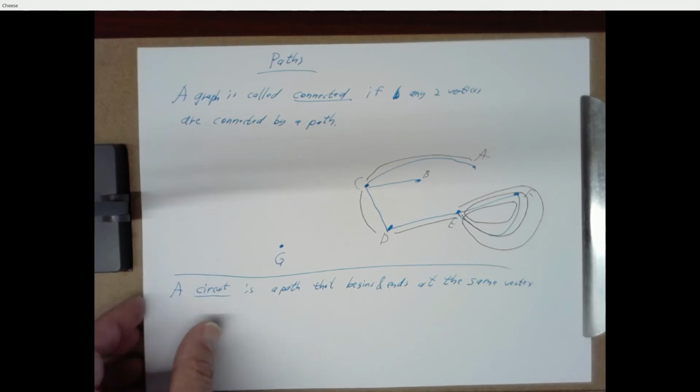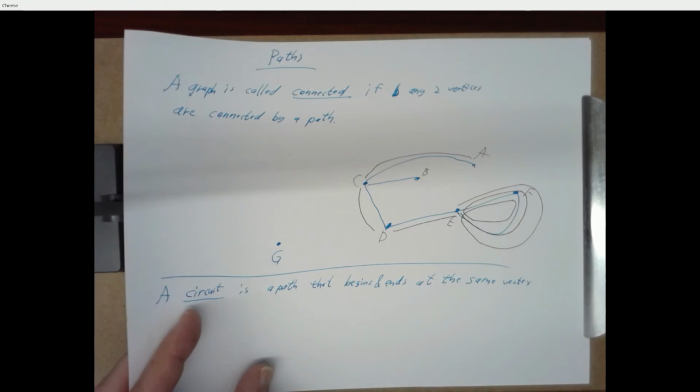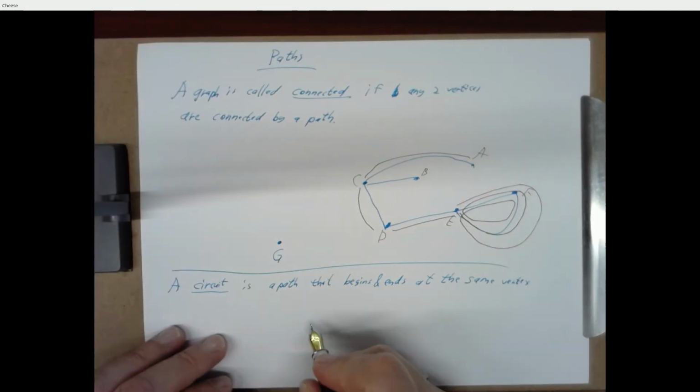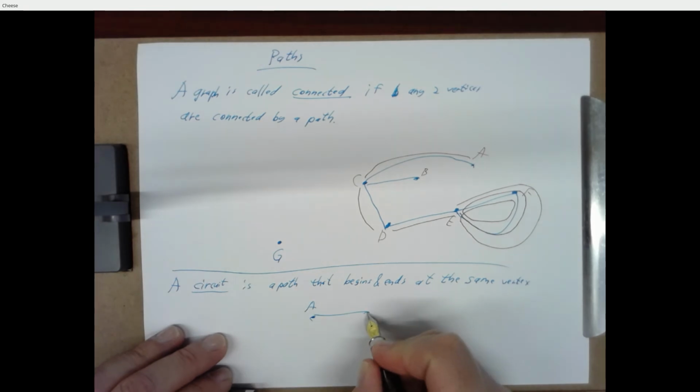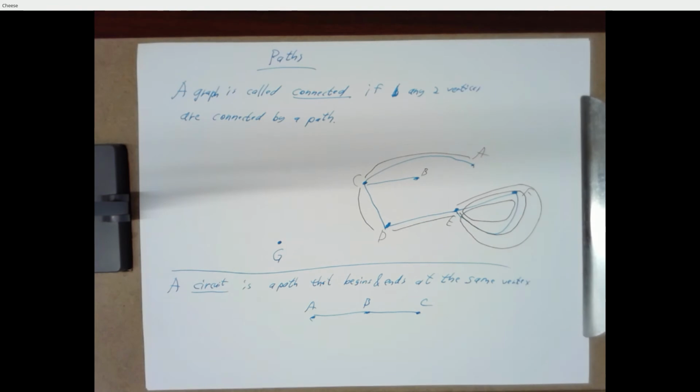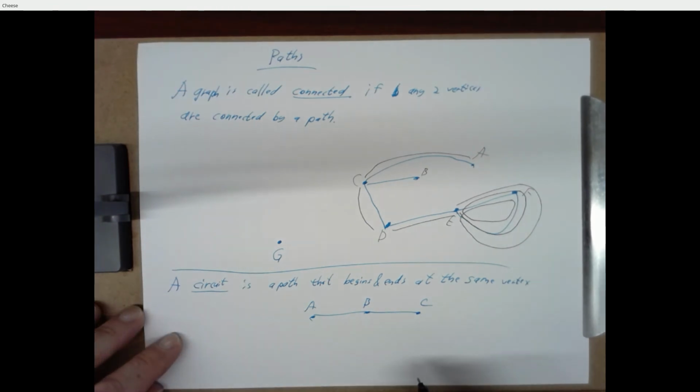All right, so paths just go from one vertex to another. Circuits go from a vertex back to itself. And when we're talking about circuits, if we allow anything, right, there's always a circuit from any vertex back to itself.